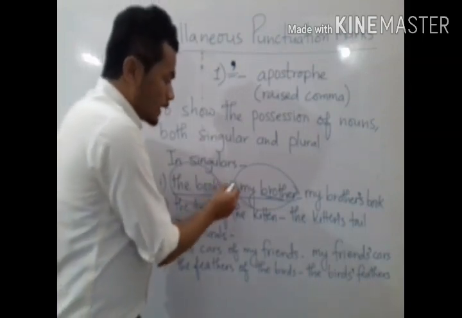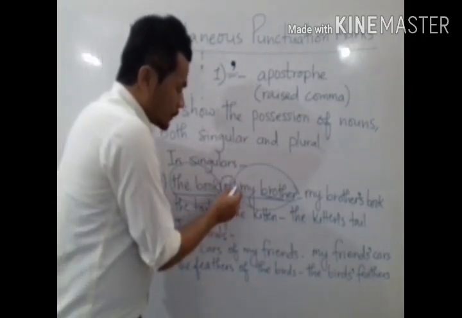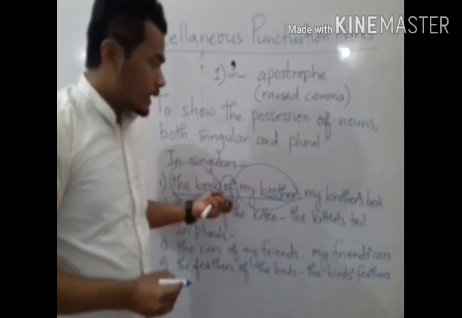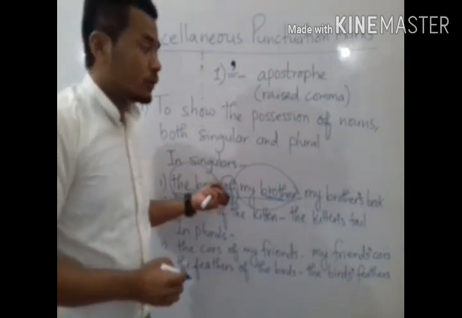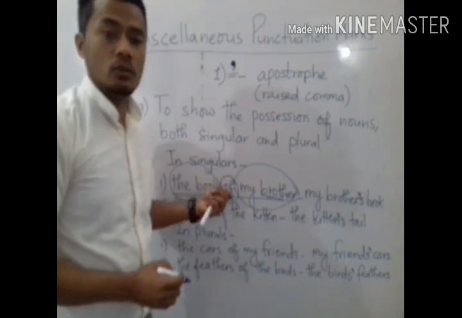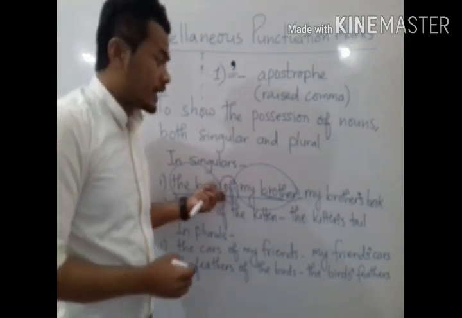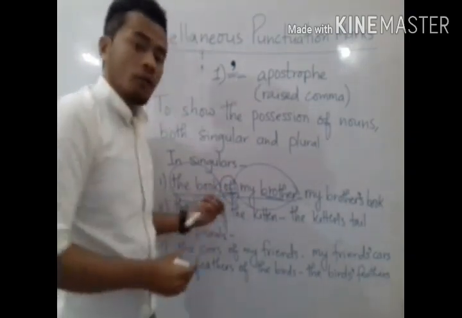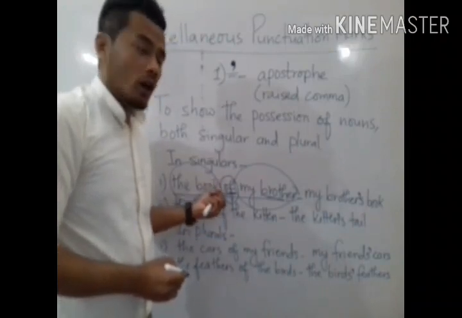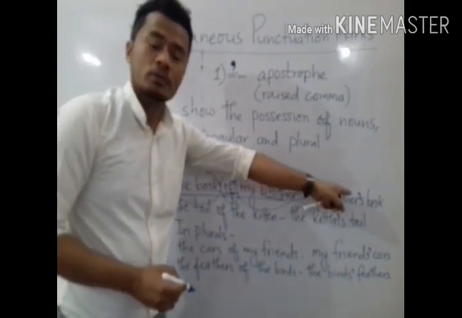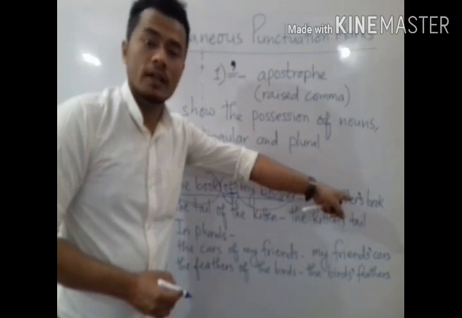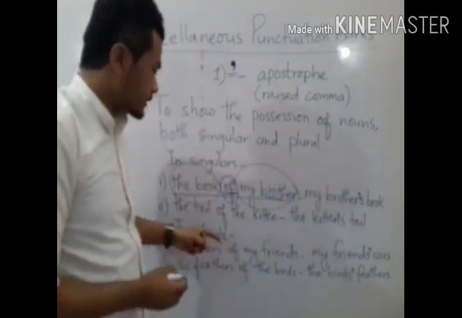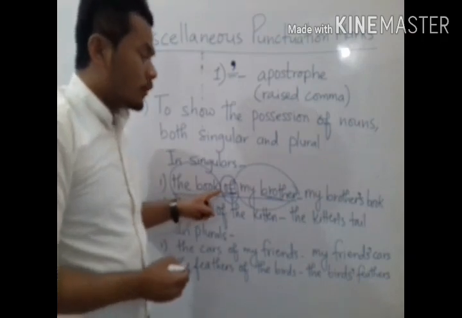So now the preposition of, the word of, we have to remove whenever we are showing the position of nouns, and in place of this of, apostrophe is used in the possessive case of nouns.